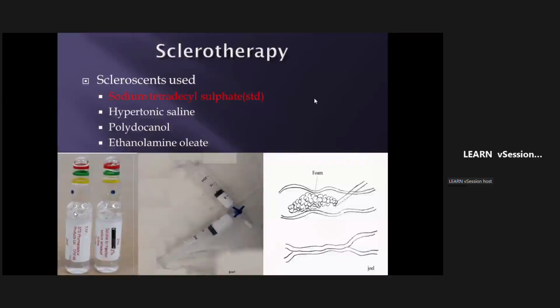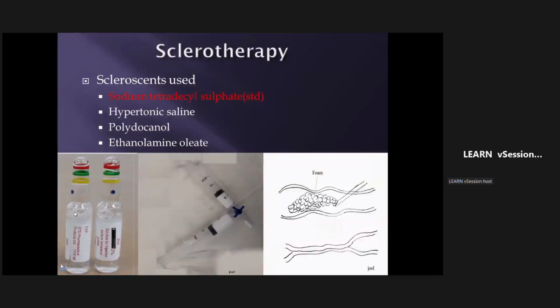Sclerotherapy, we use various irritants. They irritate the venous wall, create an inflammation, therefore they adhere, thrombose and disappear. So if you come to our ward, or if you encounter a diagnosis card, sometimes you see foam sclerotherapy.